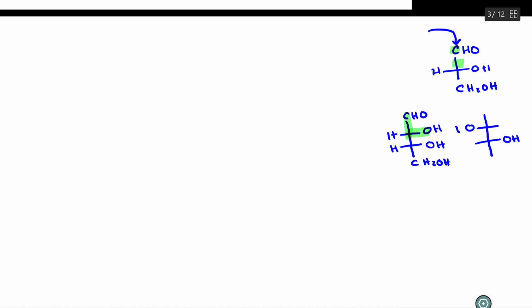This is the one I drew before. But you can generate both the R and S centers at this carbon here. And when the reaction happens, you generate both. So I'll have CHO at the top, and CH2OH at the bottom. And again, what I added was this group here, like that.